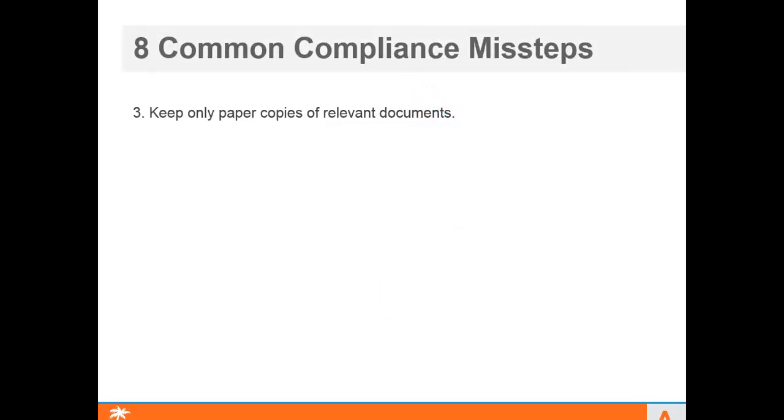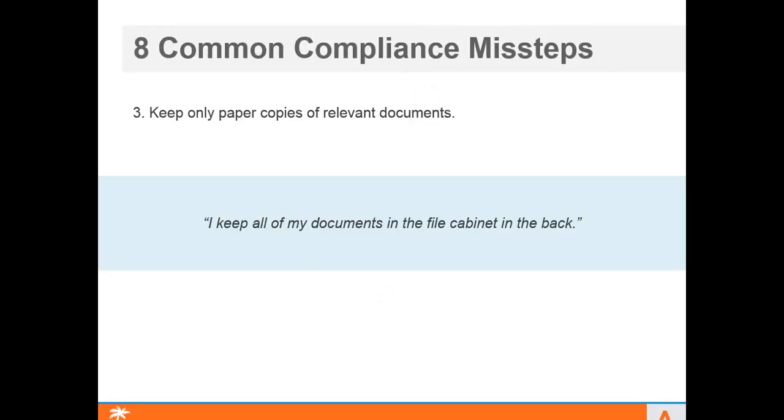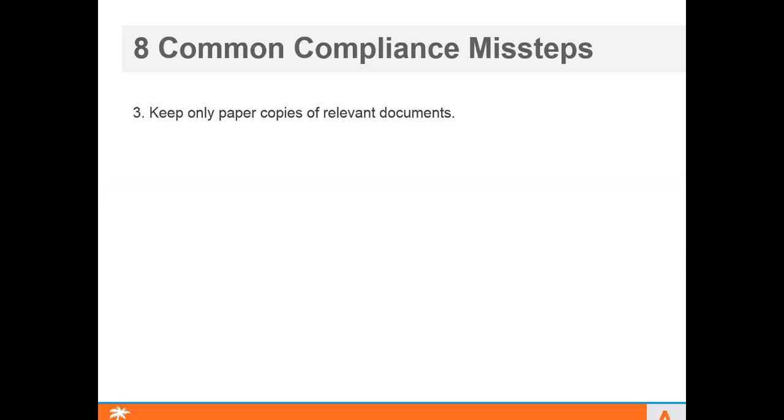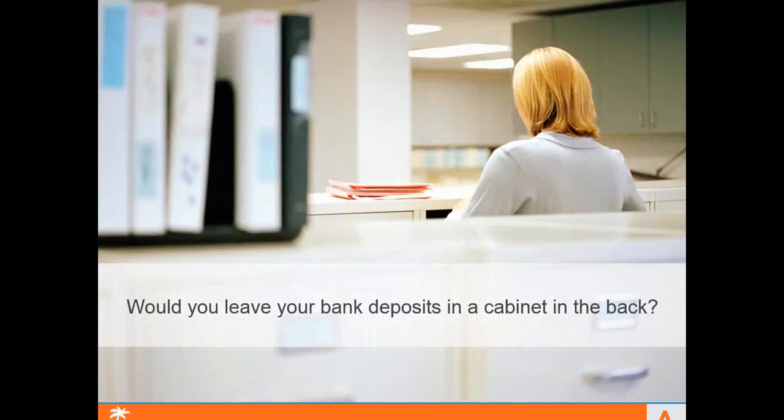Number three, keep our paper copies for relevant documents. So, I'm just going to file everything in the back cabinet right now. What can happen by just putting compliance documents there is similar to putting your bank deposits in a cabinet in the back.